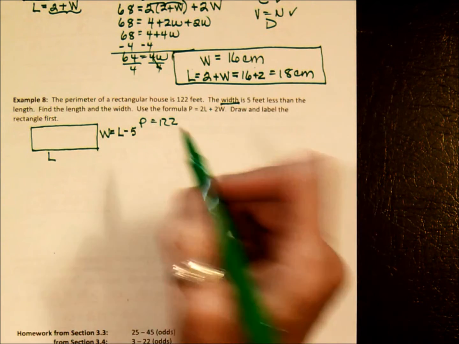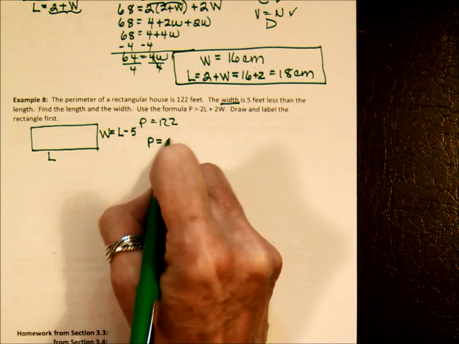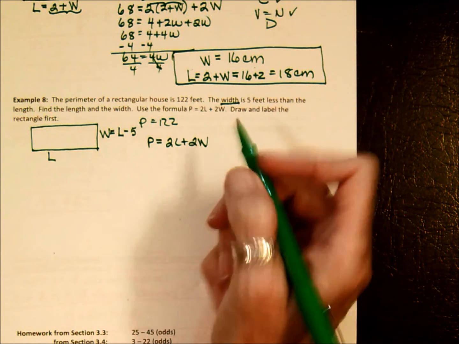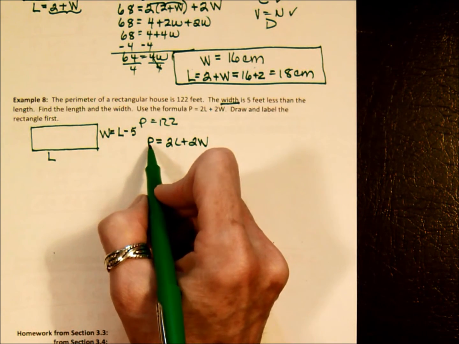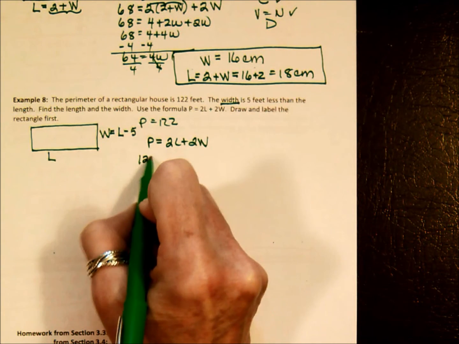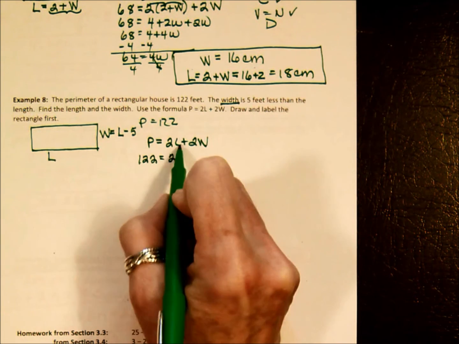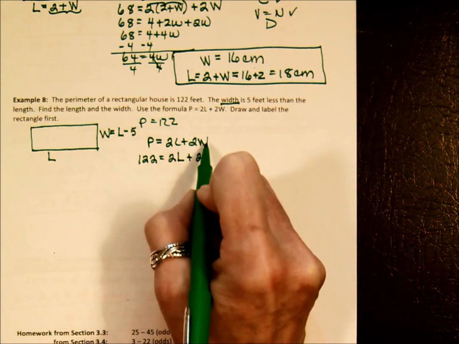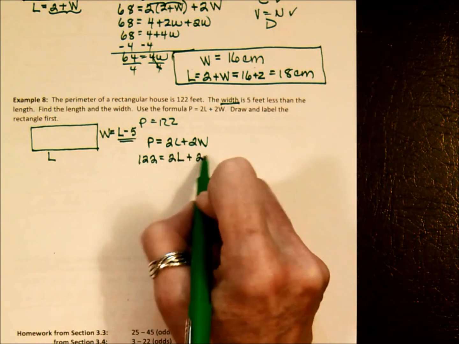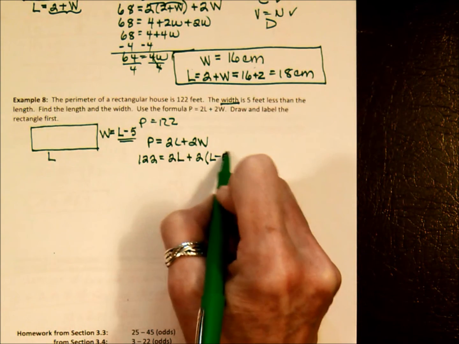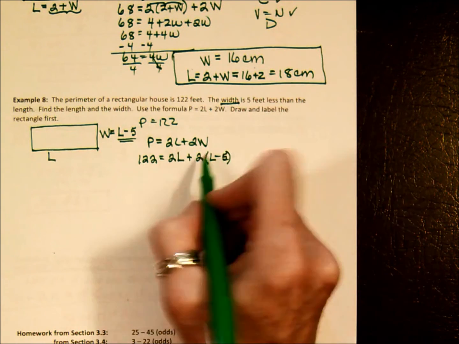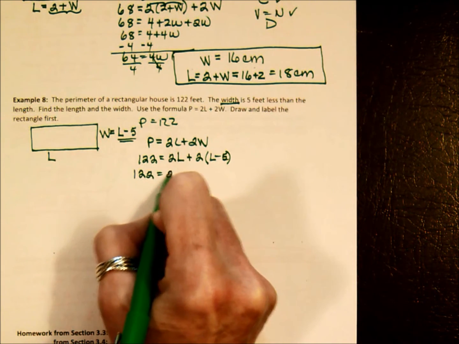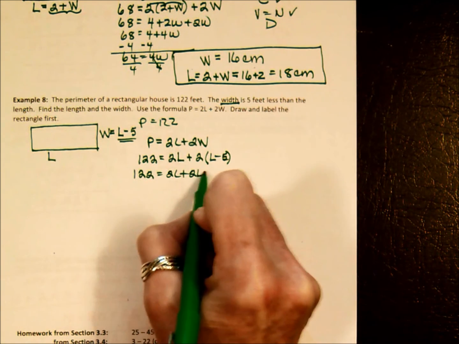My next step, remember, was to write the formula 2L plus 2W. That's the perimeter of a rectangle. Fill in the parts you know. Perimeter 122. 2, I know nothing about L, so I leave an L. 2, I do know something about width, so I take that out and put in L minus 5. Now we're going to distribute, so 122 equals 2L plus 2L minus 10.